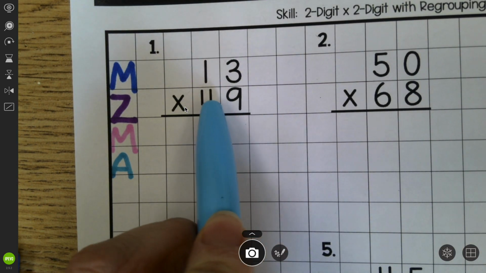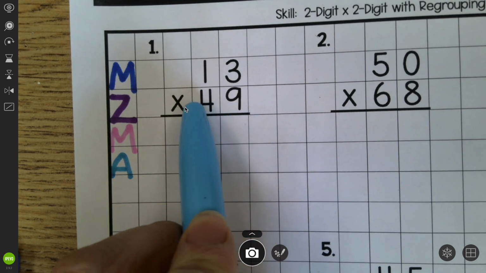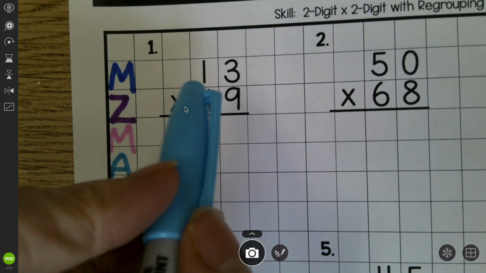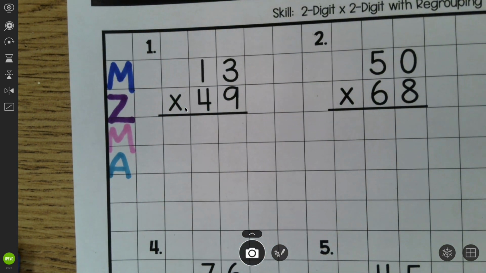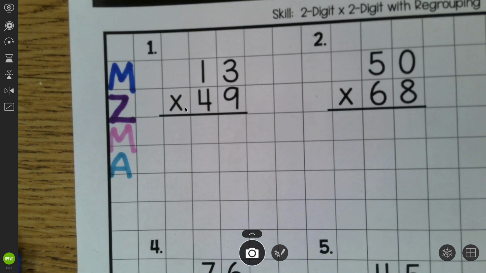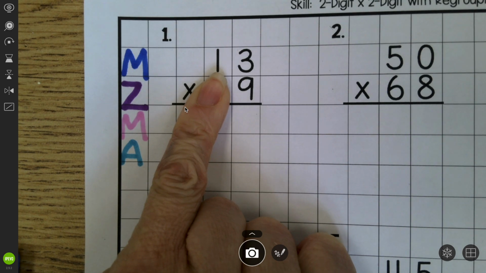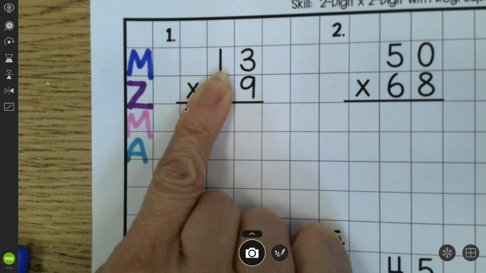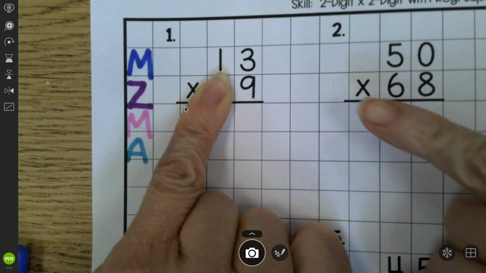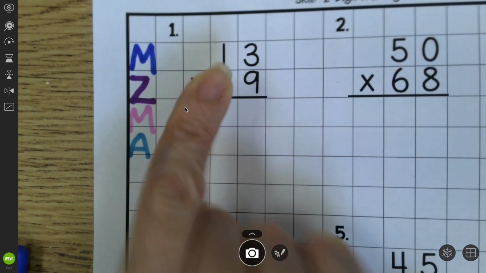So we always multiply up from the bottom row, okay? And we start in the ones place. And remember, we have already done 2-digit by 1-digit multiplication. And our first step to multiply is just that. It's multiplying 13 times 9, okay?